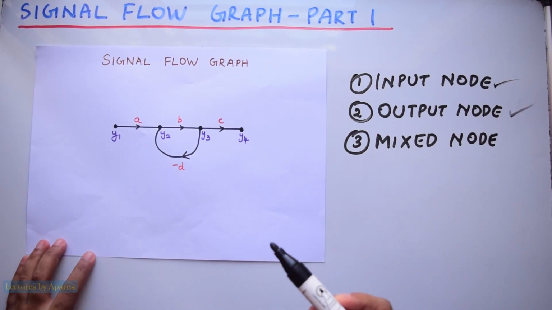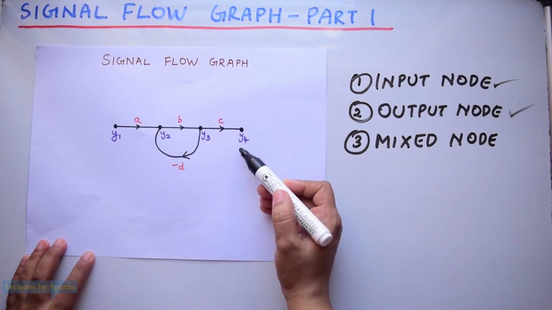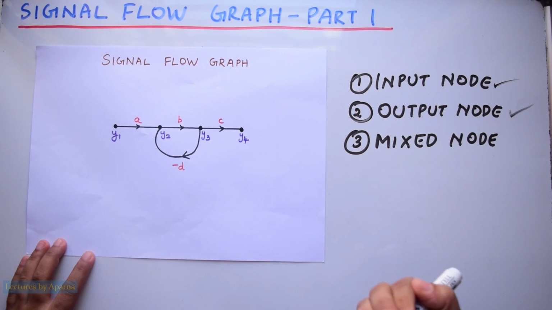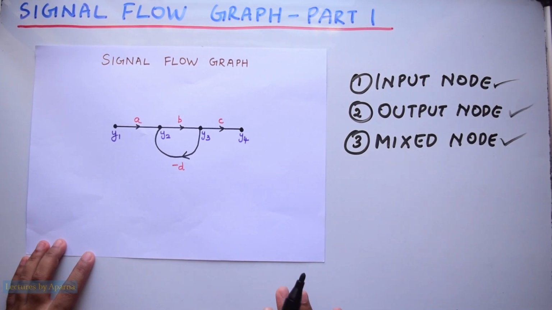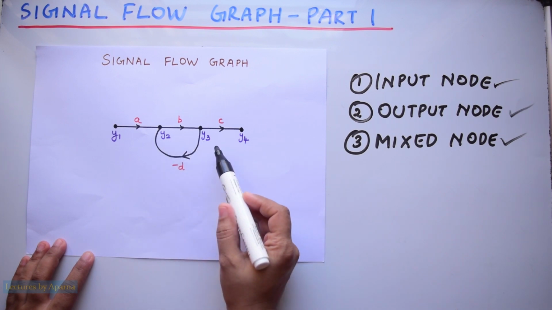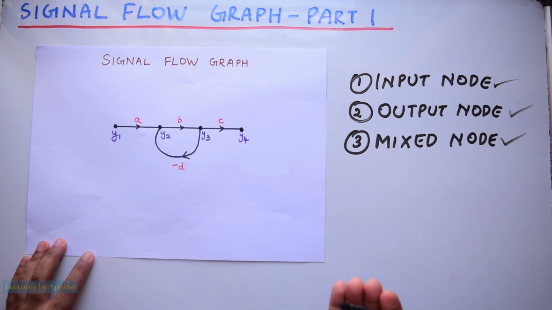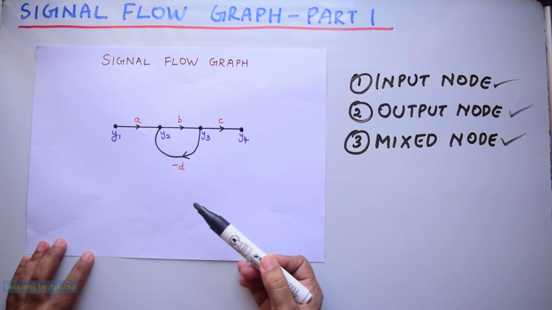It is a node which has only incoming branches. So here Y4 is an output node. It has only incoming branches, no outgoing branches. The next type is the mixed node. It is a node which has both incoming and outgoing branches. So here Y2 and Y3 are mixed nodes because they have branches coming in and going out.